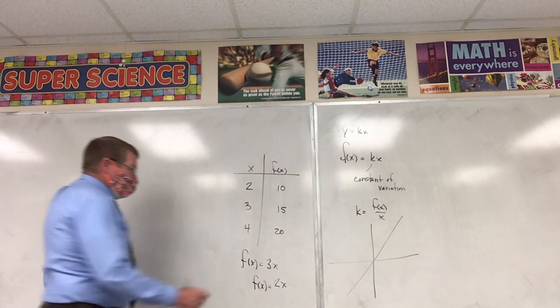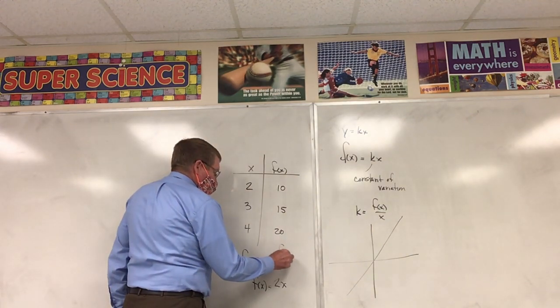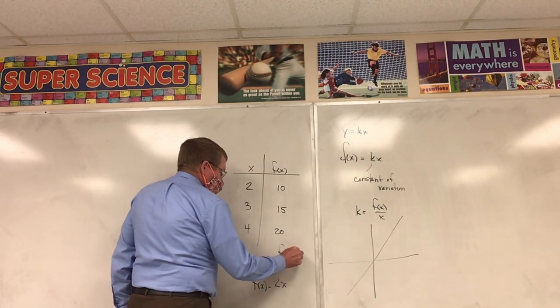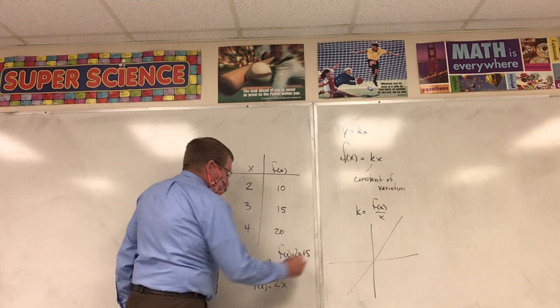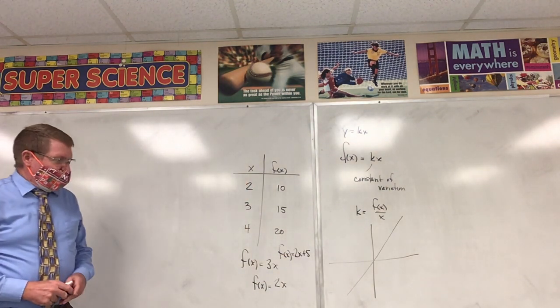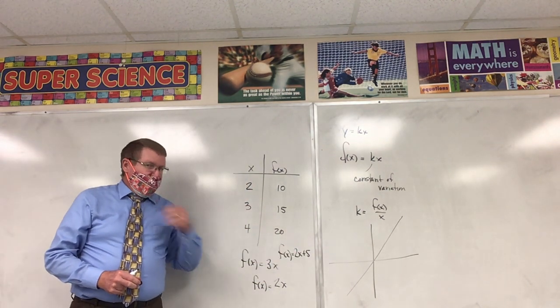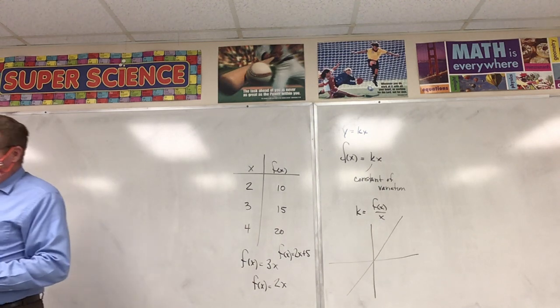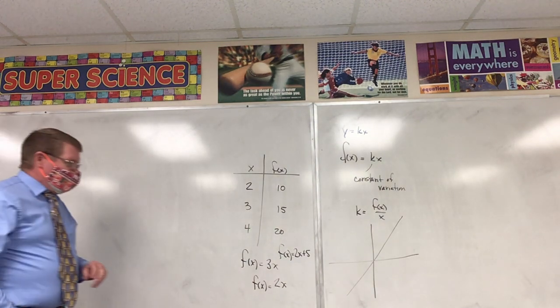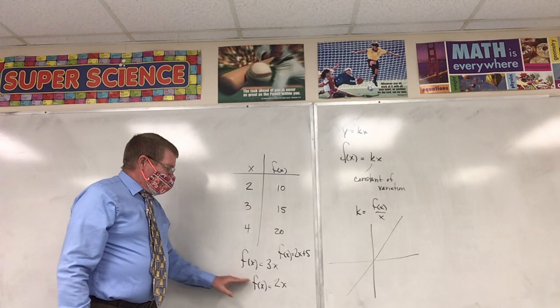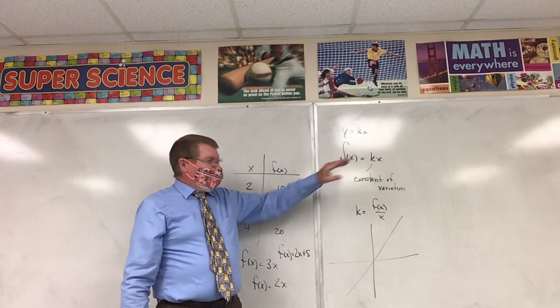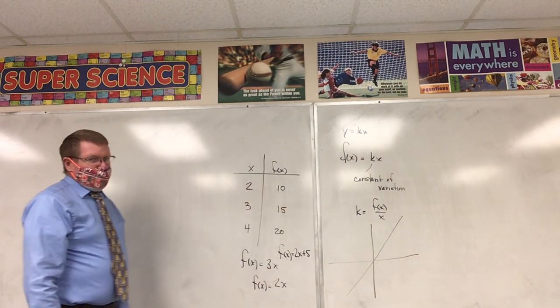If I have f of x equals 2x plus 5, well, that's not a direct variation function because I have the 5. It will not go through the origin. So my direct variation function always has this look to it: f of x equals kx.